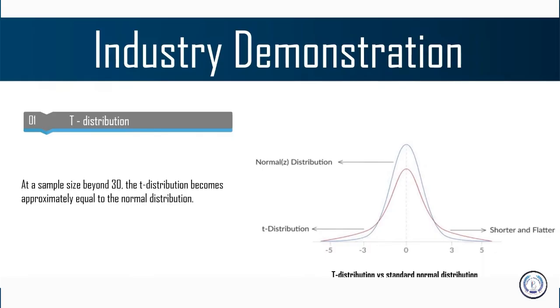Each t-distribution is distinguished by what statisticians call degrees of freedom, which are related to the sample size of the dataset. If your sample size is n, the degrees of freedom for the corresponding t-distribution is n minus 1.